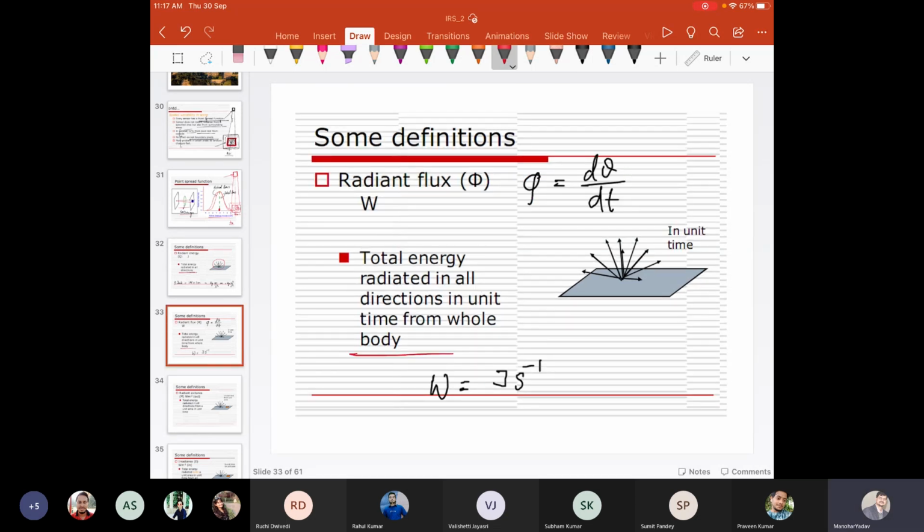Radiant flux is for the whole body. When our unit is a ground resolution cell, the smallest area element, then from all the points within this area, how much energy is radiated back per unit time? It is radiant flux.